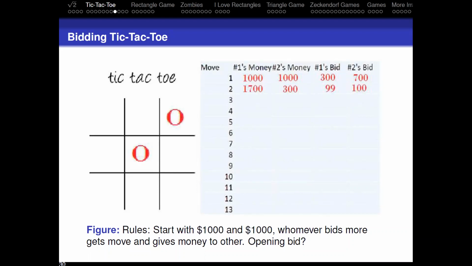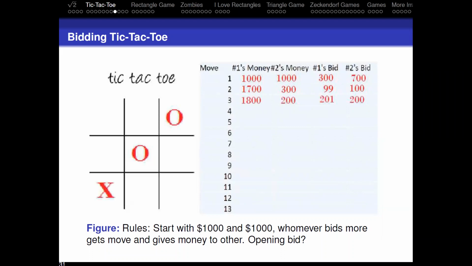And so let's say on the next bid, player 1 bid $99 and player 2 bid $100. So player 2 has gotten the first 2 moves. But notice that player 2 is now going to have only $200. And so now, because they only have $200, player 1 can win the next bid by bidding $201.